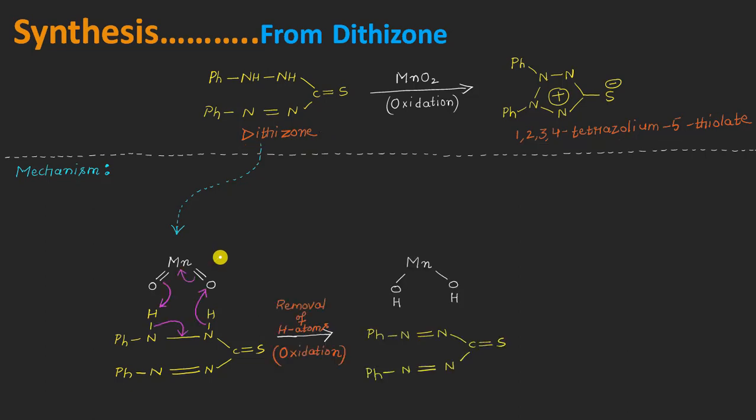Now this reaction actually proceeds with the formation of this type of cyclic transition state in which this oxygen will be taking up this hydrogen from here, and these electrons will be shifting to the nitrogen-nitrogen single bond. Moreover, the second oxygen will be taking this second hydrogen from here.